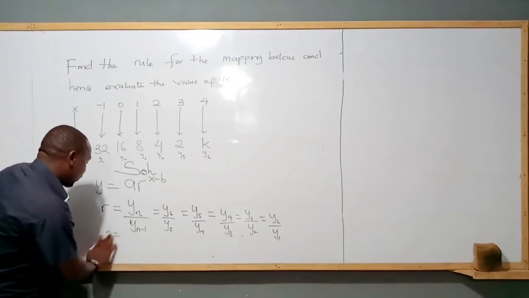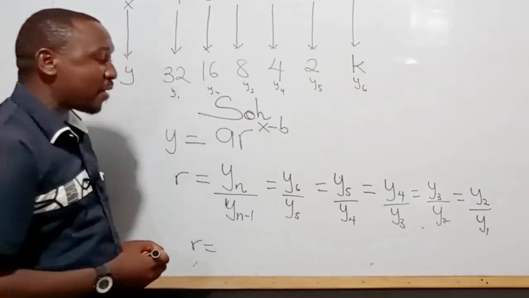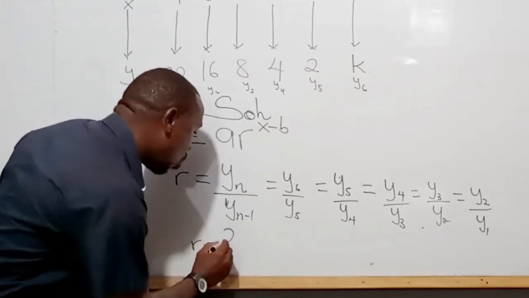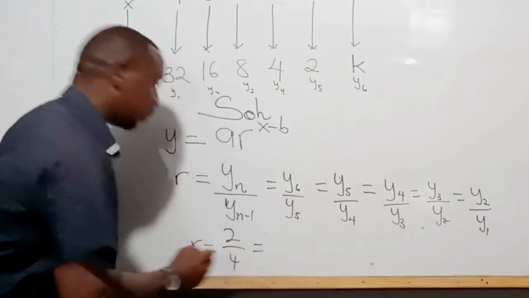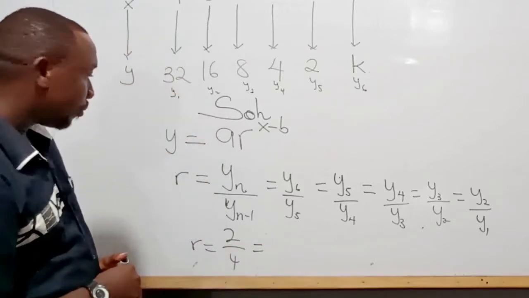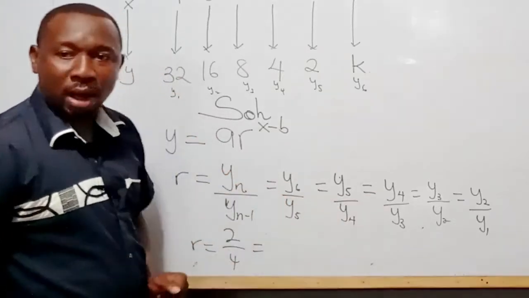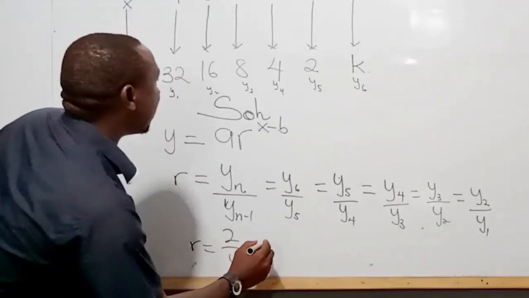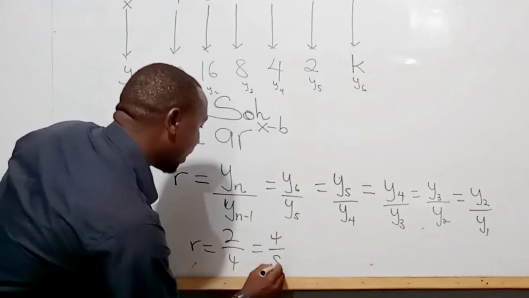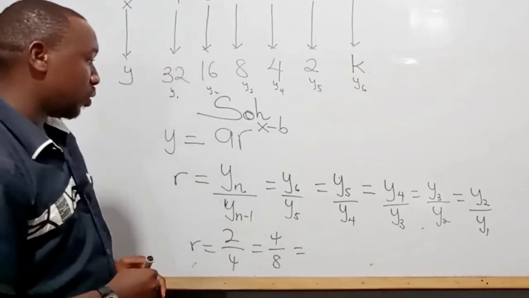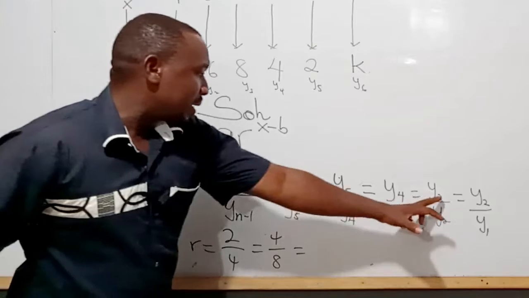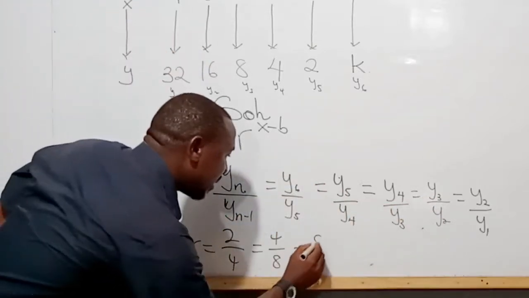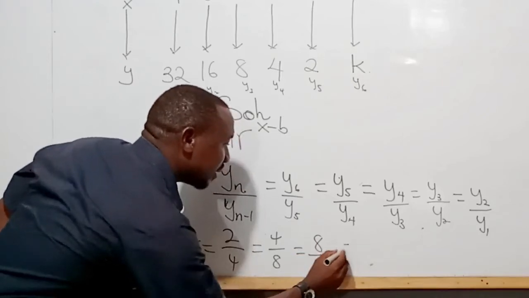The common ratio, which is R, will be equal to y sub 5 over y sub 4, which is 2 out of 4. Let's check y sub 4 over y sub 3. y sub 4 will be 4 out of 8, which is equal to y sub 3 over y sub 2. y sub 3 is 8 out of 16.